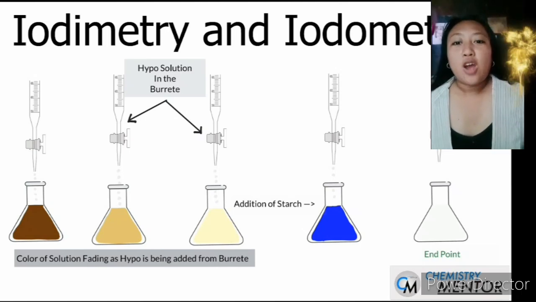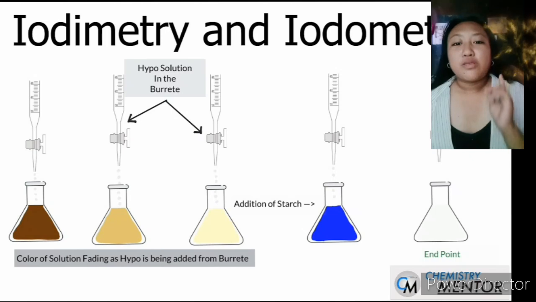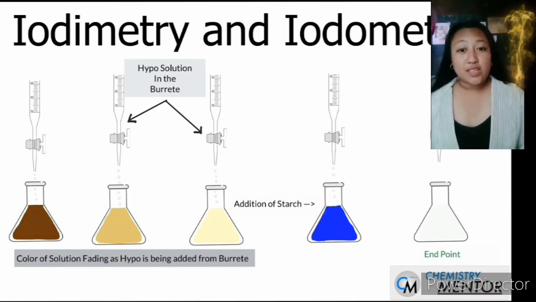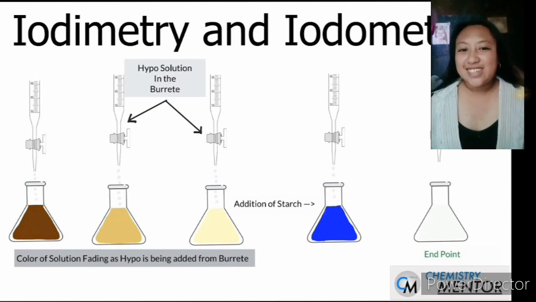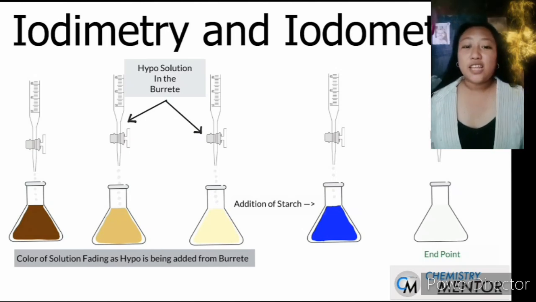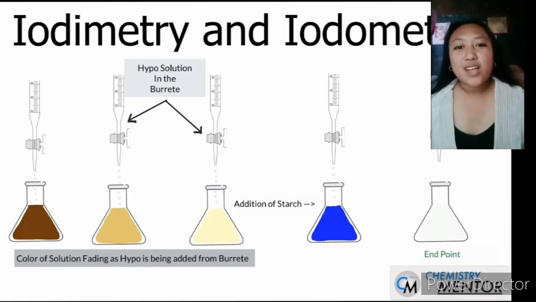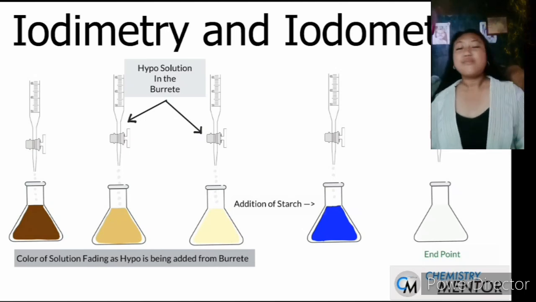We'll be using the reducing agent, which is the sodium thiosulfate, and we'll be putting it in the burette. While in the conical flask, we'll be putting the iodine solution, which is our oxidizing agent.